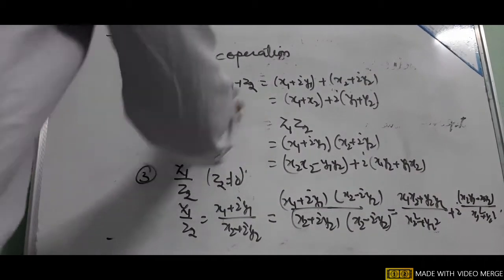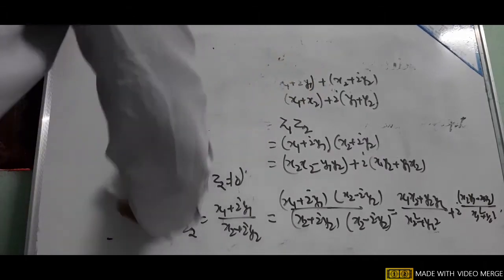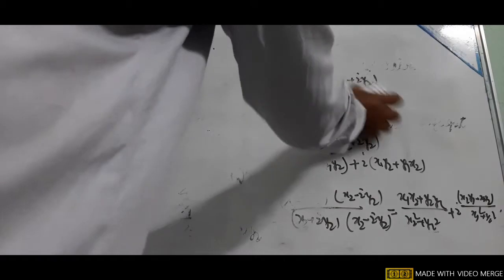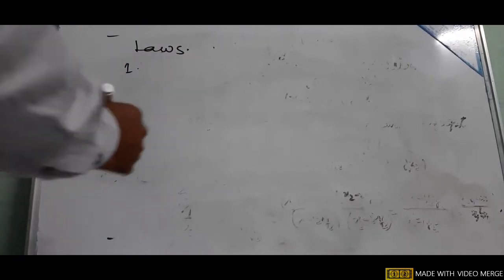Then we come to the laws that are obeyed in the complex number. Firstly, we are discussing the laws. The first one is the associative law of addition.